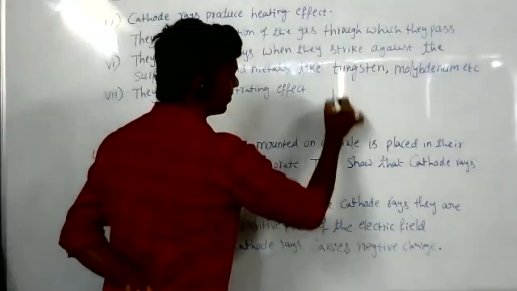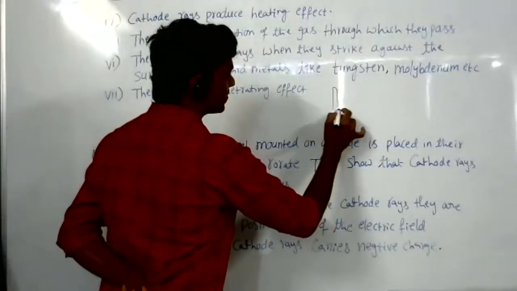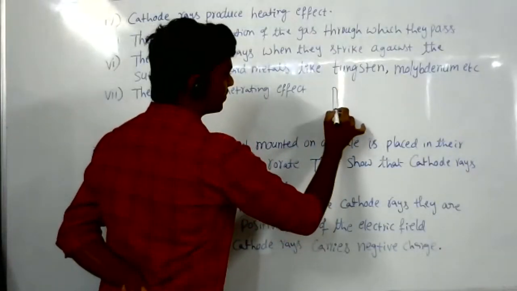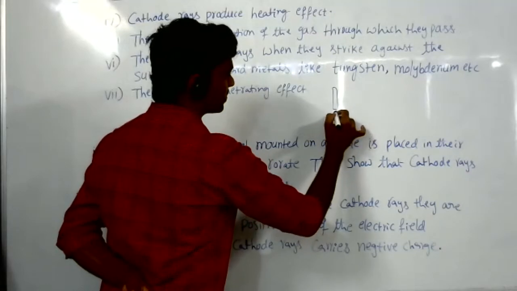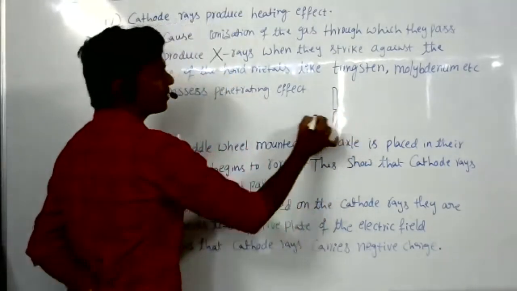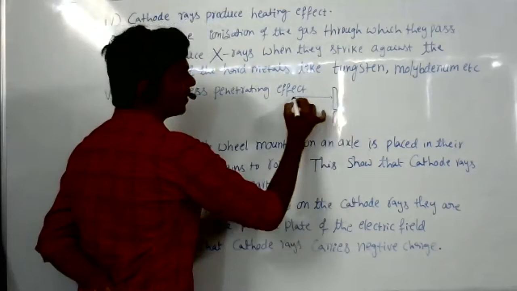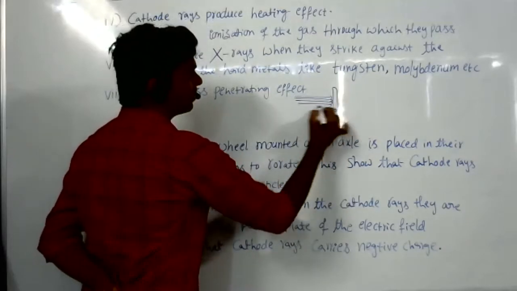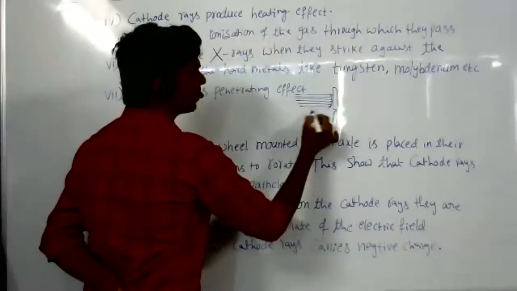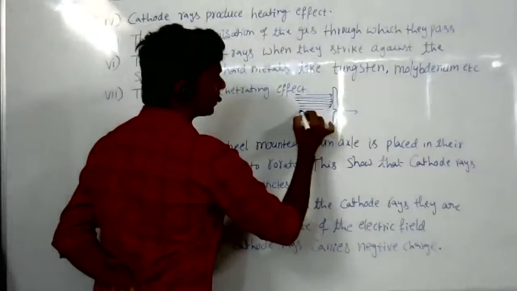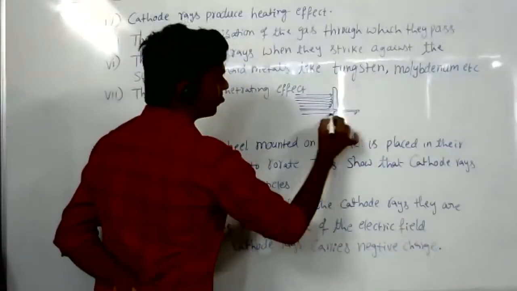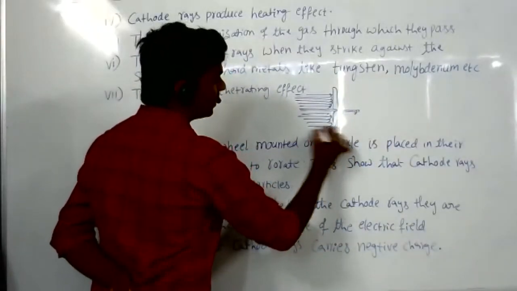Suppose the bone here has a very small breakage. The rays cannot penetrate the bone because we are using soft rays, but they penetrate here. So wherever they penetrate, there is breakage of bone.